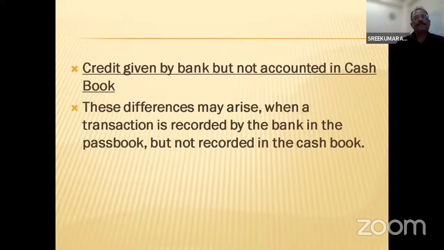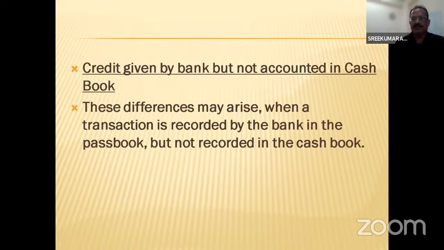Another situation is credit given by the bank but not accounted in the cash book. These differences may arise when a transaction is recorded by the bank in the passbook but not recorded in the cash book. Suppose the bank gives you interest. The intimation to the institute or to the accounts officer will take time.